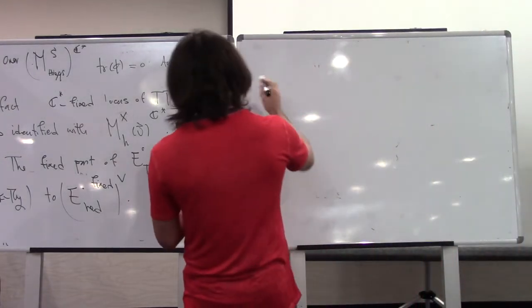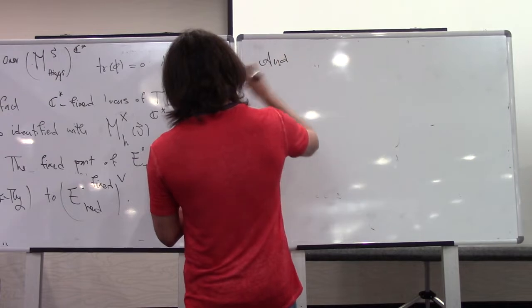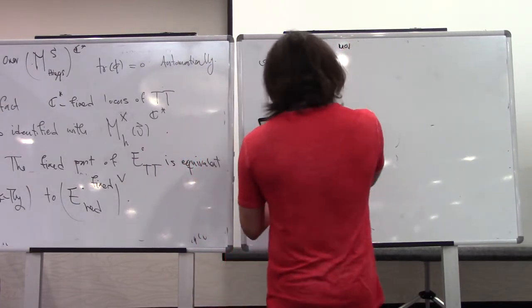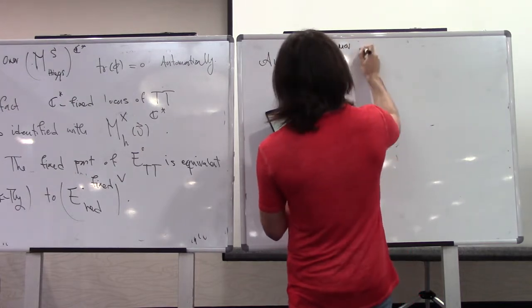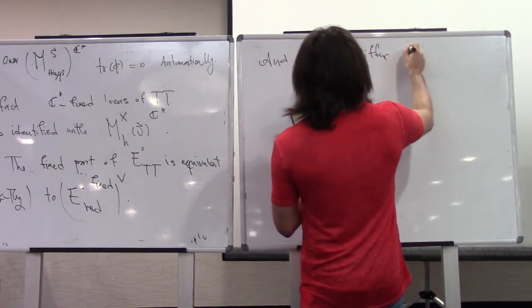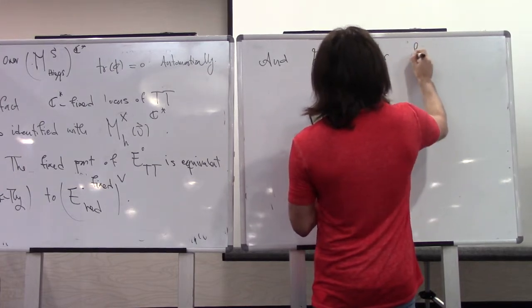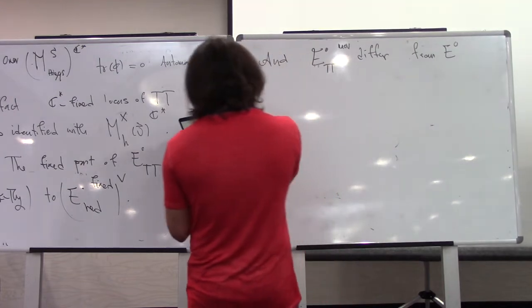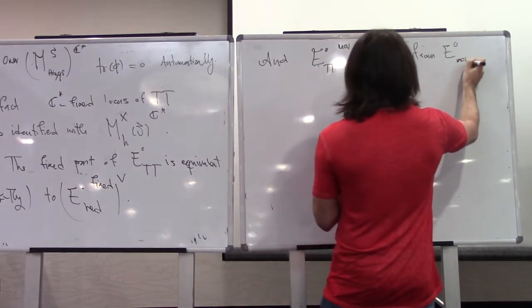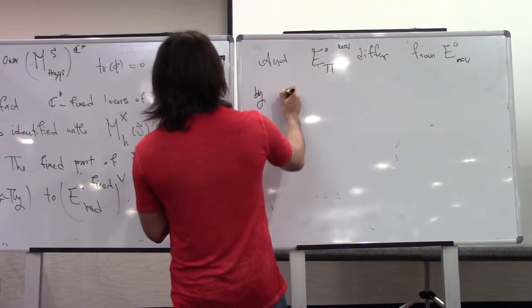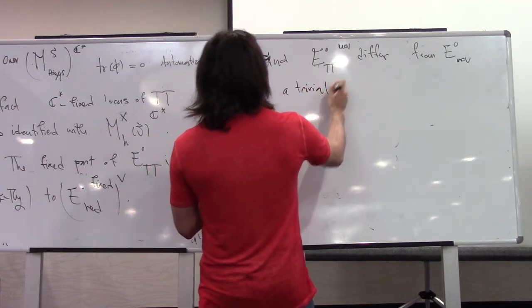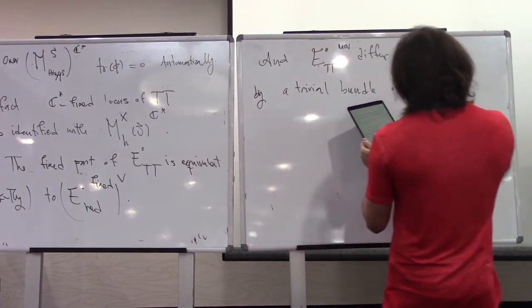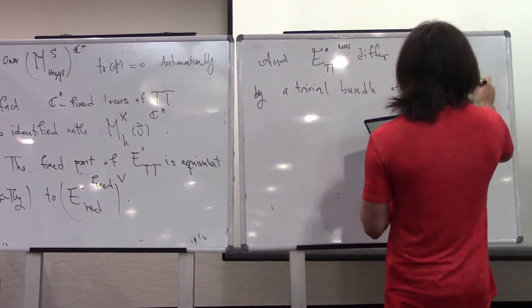E dot Tanaka Thomas moving differs from E dot reduced moving by a trivial bundle of rank exactly the arithmetic genus of the surface.